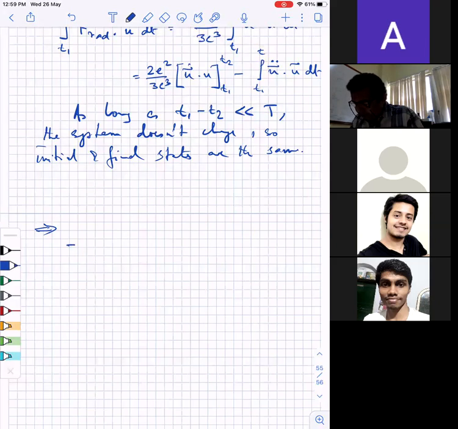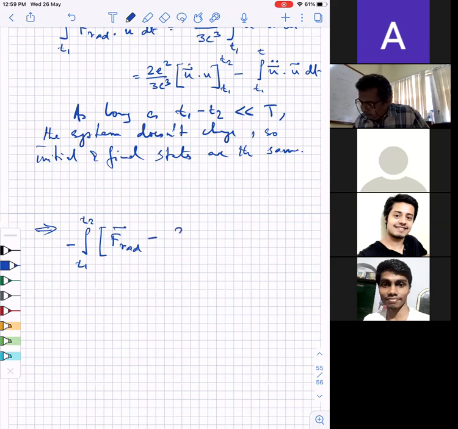So minus the integral from T1 to T2 of minus 2e squared by 3c cubed, double dot u dot u.